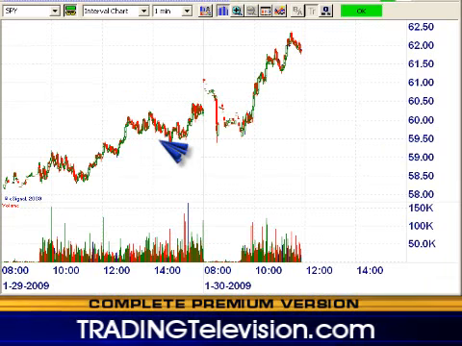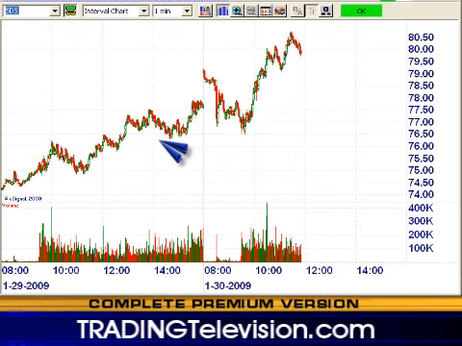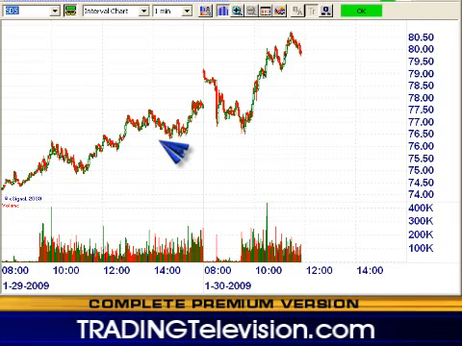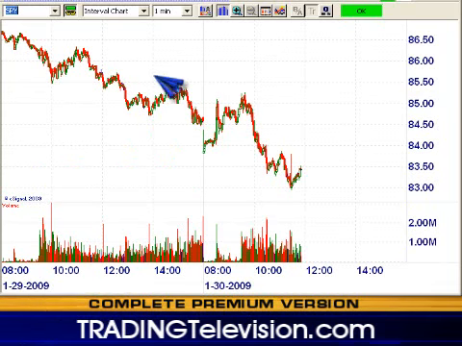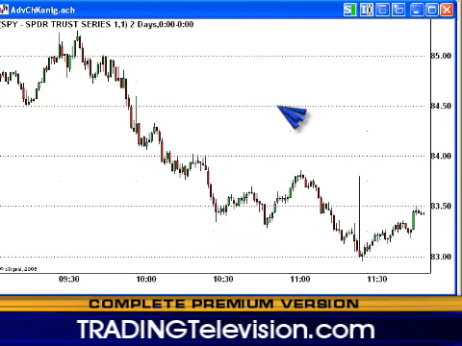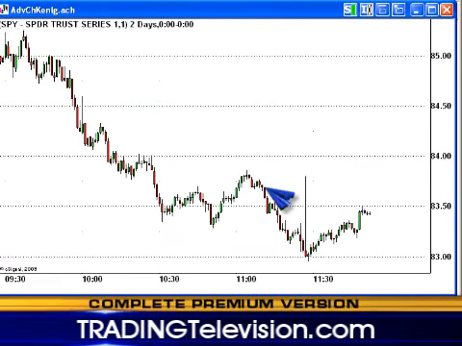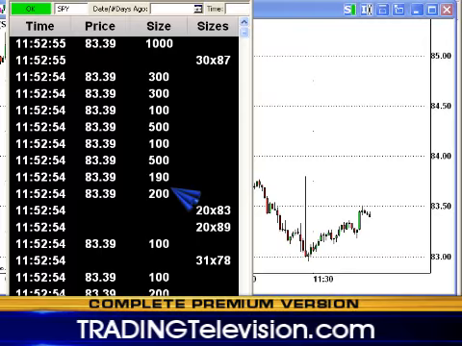But the main one to look at is the SDS, because that's the S&P 500 short, and the SPY, which is our long spiders, and they will be opposite to each other, and together they paint a very clear picture, especially when you put them under the microscope here of the 1 minute advanced tick chart and our time and sales. Tell us what's going on here.